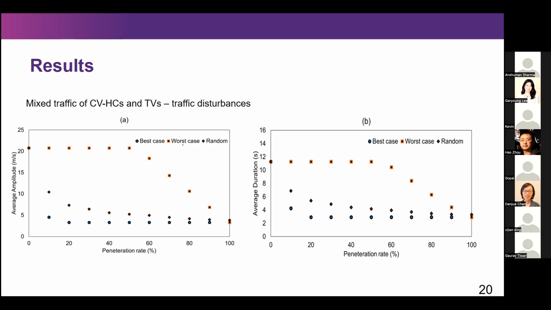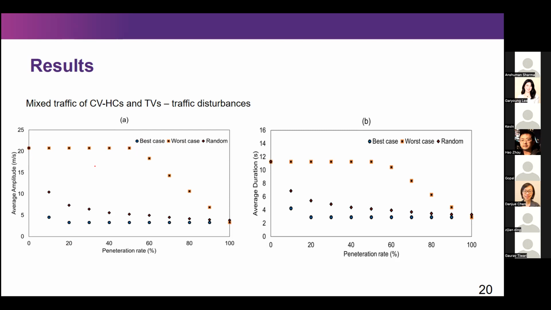But if you focus on the worst case, where I have arranged connectivity in such a way that their benefits reduce, what happens is up to somewhere around 50% of penetration, you don't see much benefit because intentionally I have arranged them in the worst case.